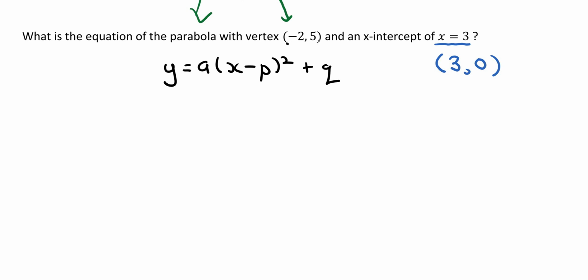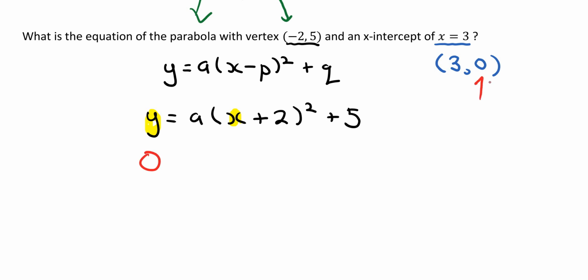We know the vertex is (-2, 5), so y = a(x + 2)² + 5. Remember, that's always the opposite sign. So insert the vertex. And then we know the y and the x values: the y value is 0, and the x value is 3.